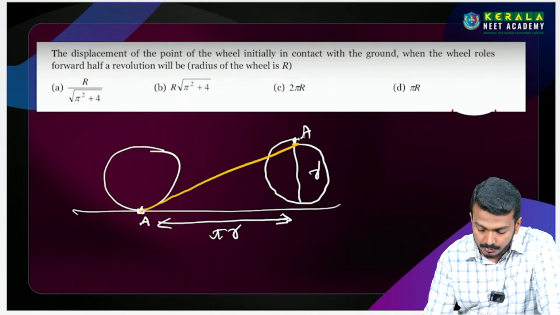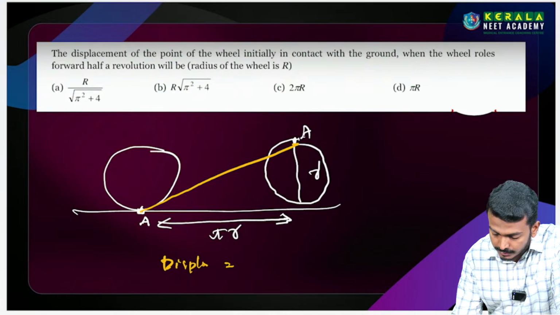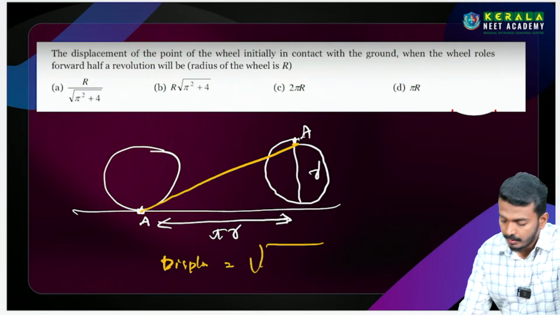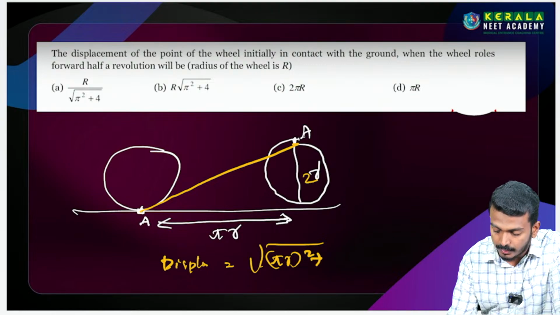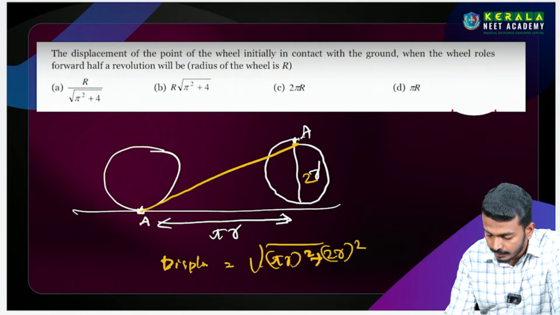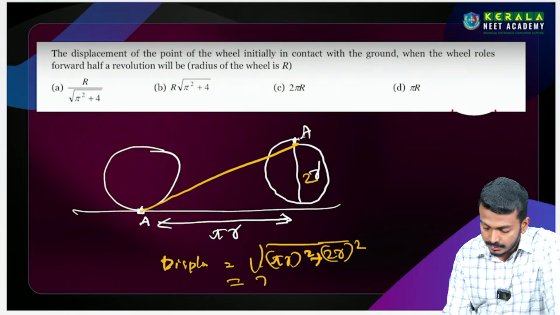Then how to take the displacement? This is the initial point and this is the final point. Then the displacement is very simple: displacement is equal to root of pi r square plus, what is the distance, 2r the whole square. When solving this, r square is common, take it outside.